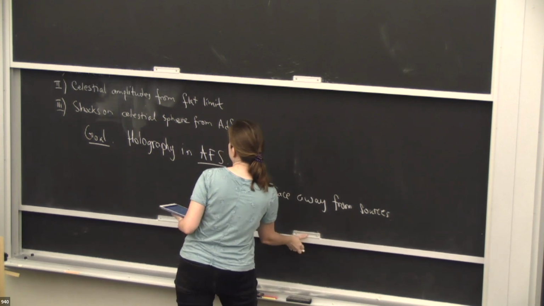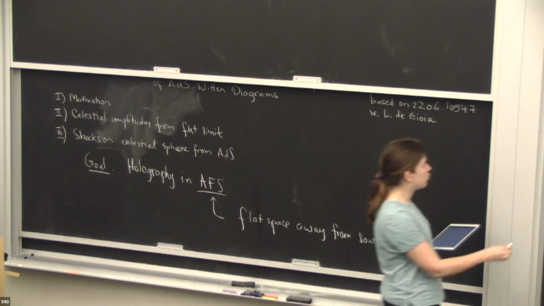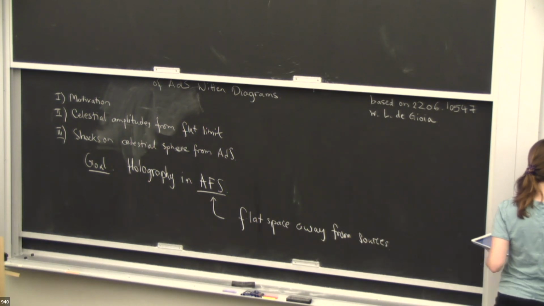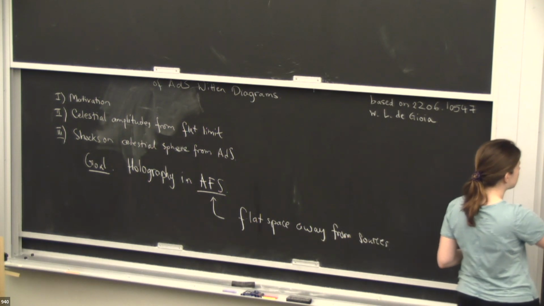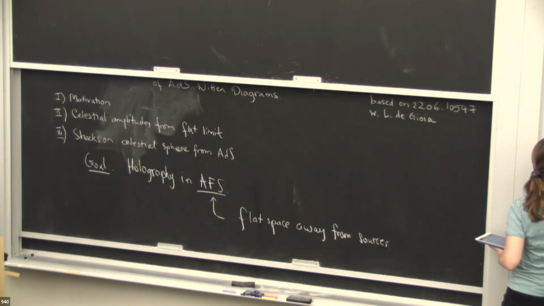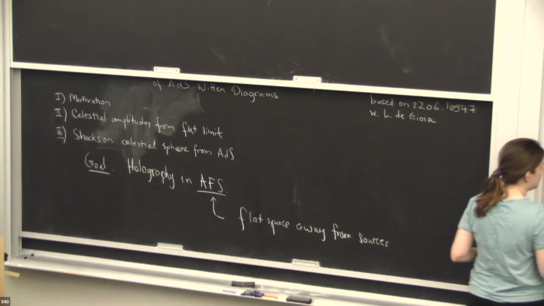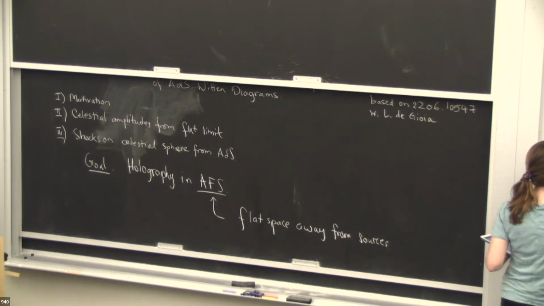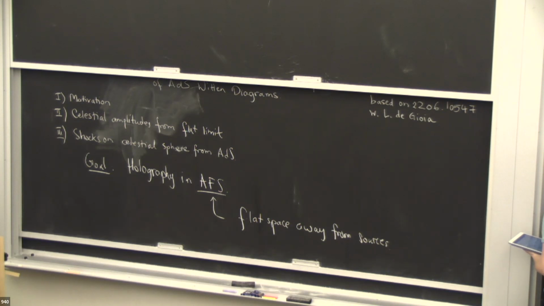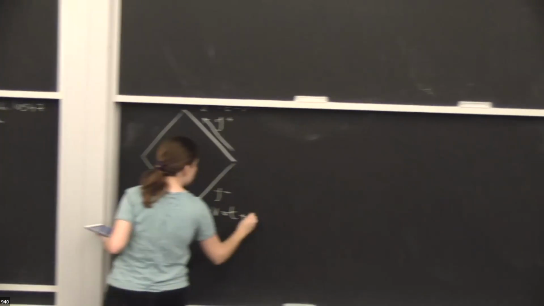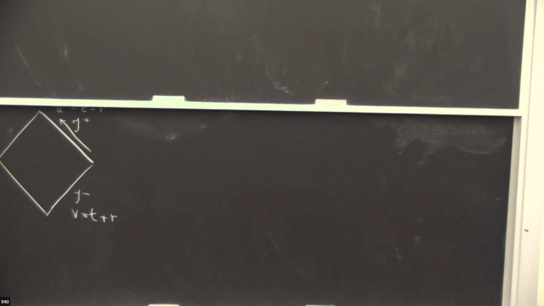So the setting in which we are going to work is the following. Here is the Penrose diagram for an asymptotically flat space, where there are two asymptotic regions, scribe plus and scribe minus, that are parameterized by a retarded time u, which you can think of as the Minkowski time t minus some radial coordinate r, and an advanced time v that is similarly defined as t plus r.